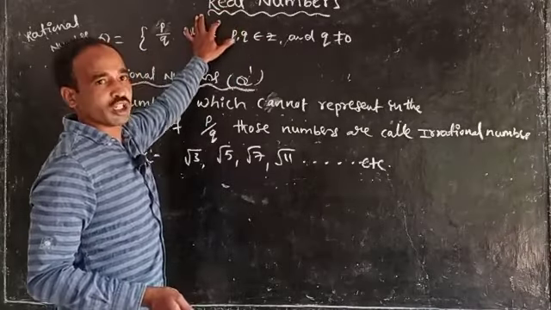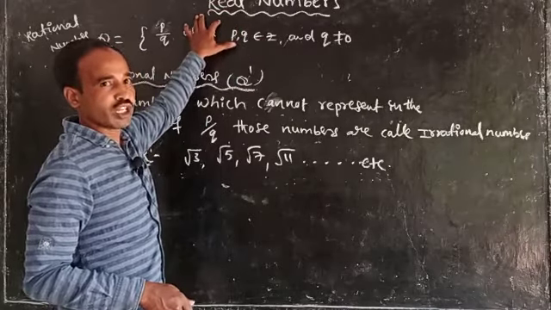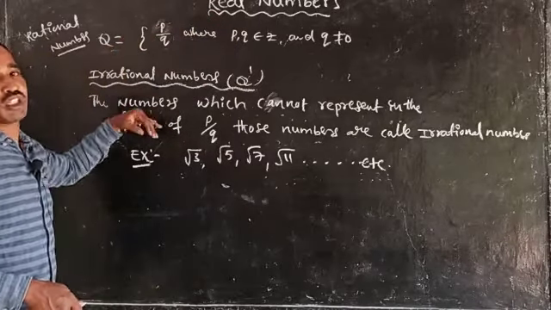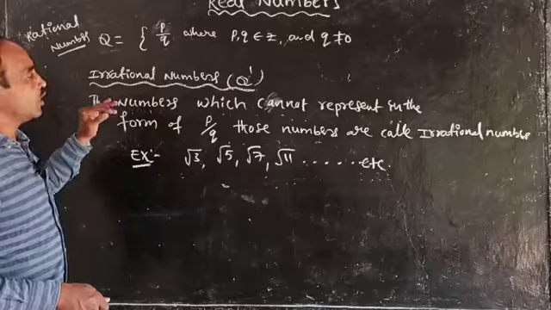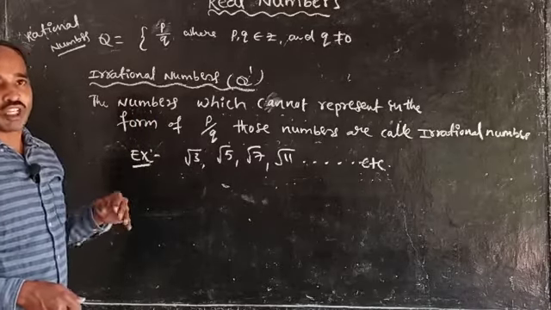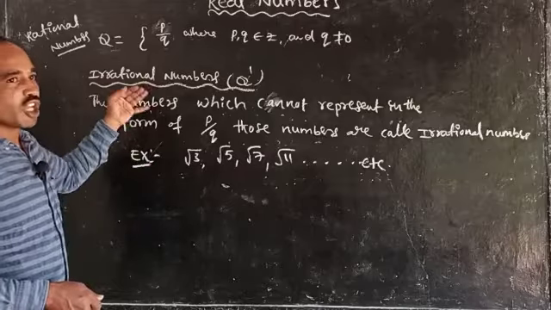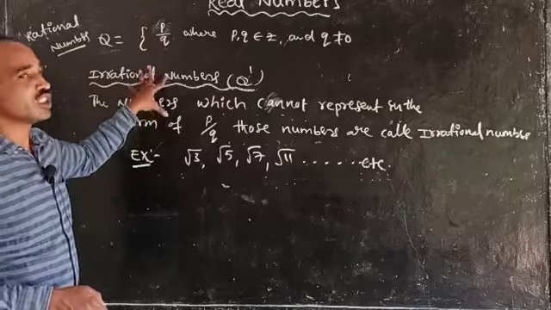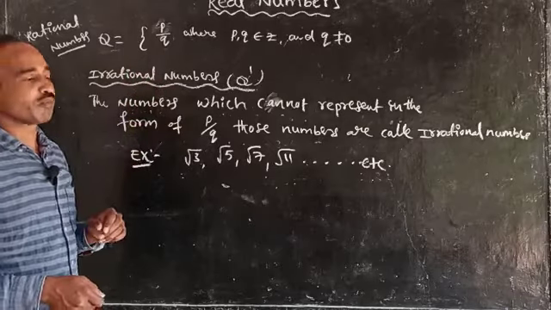Before learning the real numbers, we must know all these types of numbers. If we learn these numbers, the next coming chapters are also very useful. Some problems depend on these types of numbers.